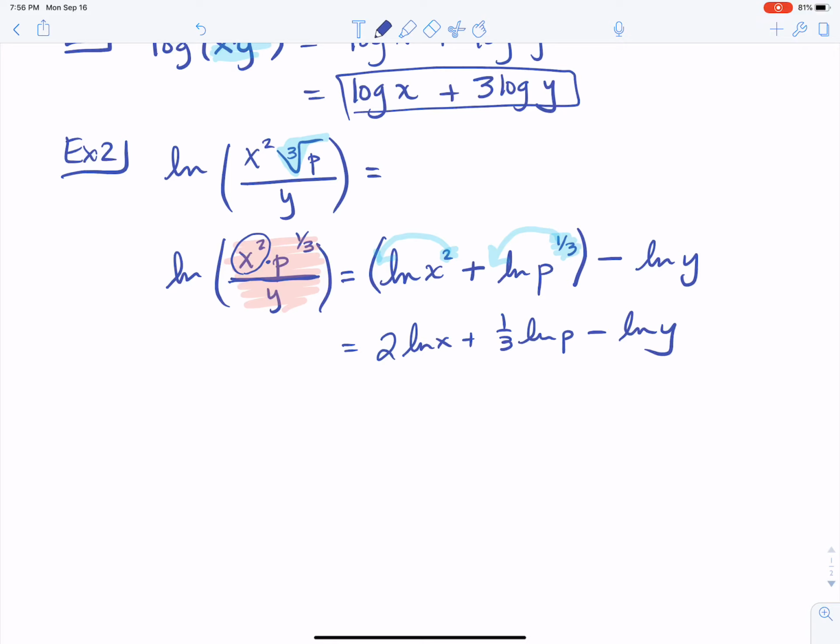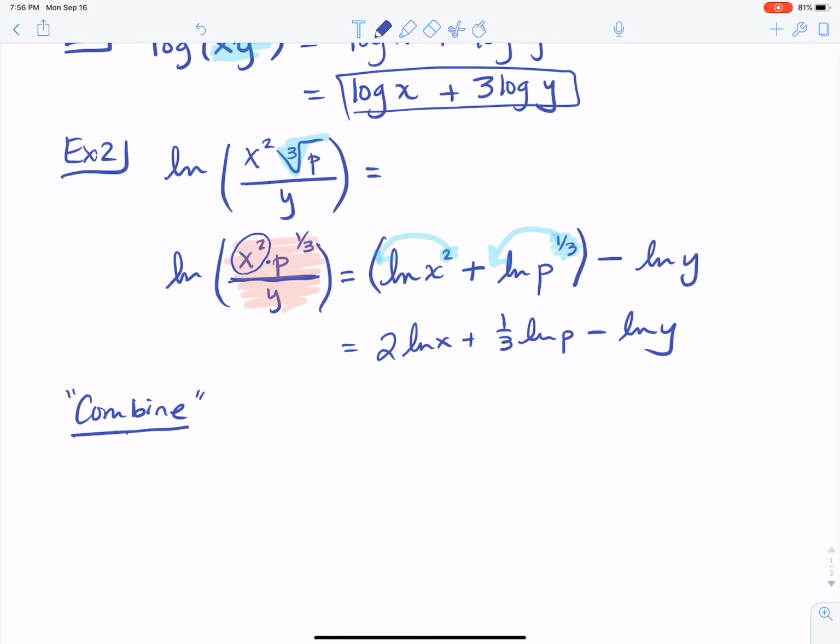All right. The next type of problem would be to combine, or sometimes you will see condense, same kind of thing.